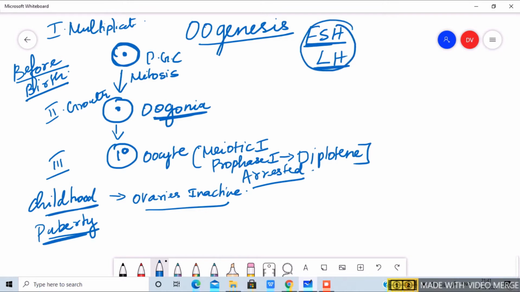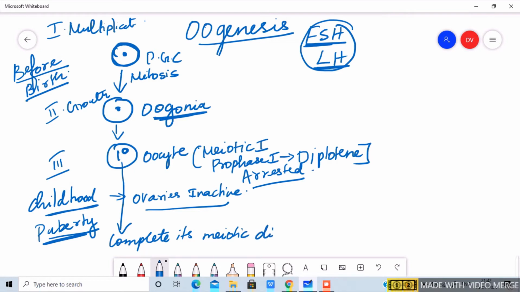When these hormones come into play, the ovary gets activated and the egg will continue its division, right? So after puberty, this primary oocyte will complete its meiotic division.